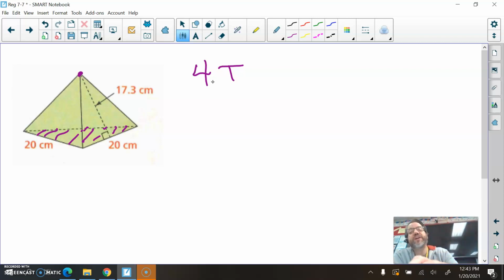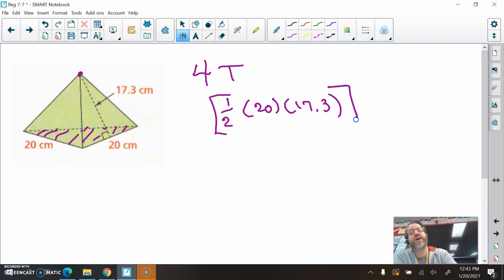So to find the area of that triangular base, you take 1/2 times the base times the height. The base is 20. The height is 17.3. Once you have the area of that face, then you just multiply that by 4 because all 4 faces are identical.